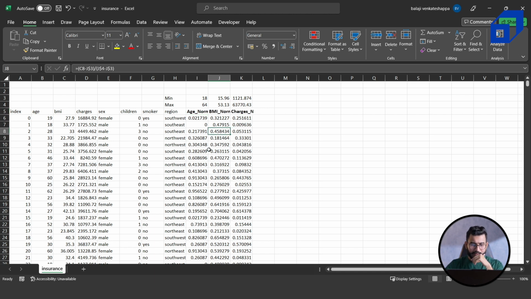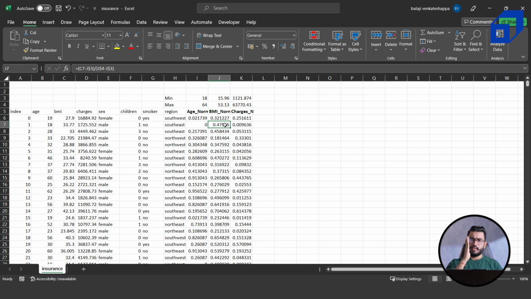Let's try to compare the values. If I look at this person, the age of this person is 0, which basically means this person has the lowest age in my data, the minimum age. Then 0.47 is the BMI, which basically means the BMI is around the middle.